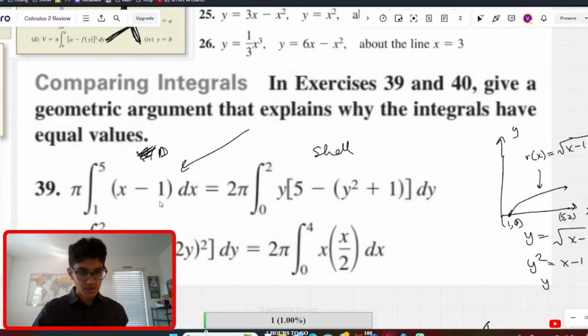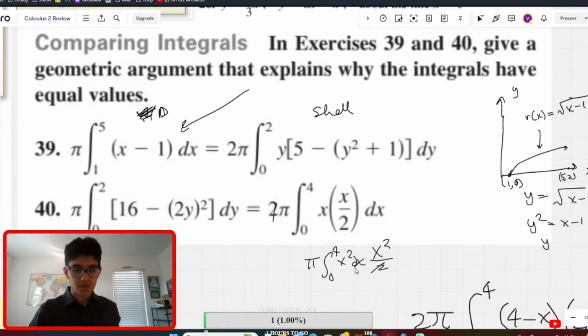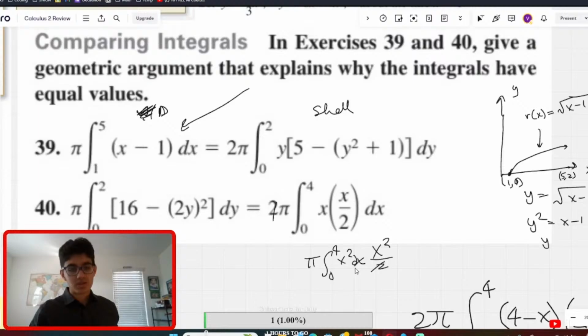There's a lot more stuff here and a lot less stuff there. Over here, it's just x squared over 2, right? The 2 pi will cancel out, so you just have the integral from 0 to 4 of x squared dx and then a pi in front. You can evaluate that in your head. It'll be like 81 thirds pi, something like that. Sorry, not 81. 64 thirds pi.